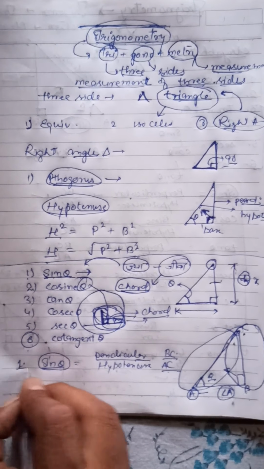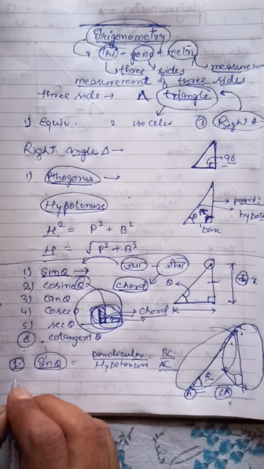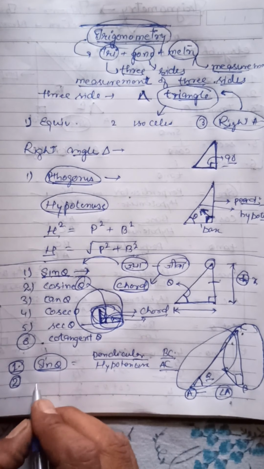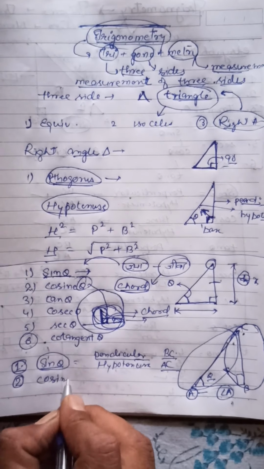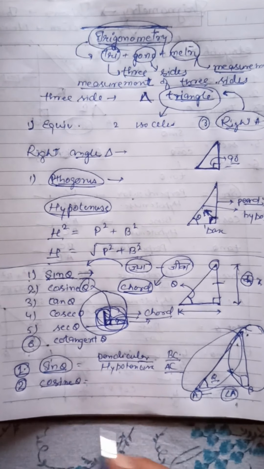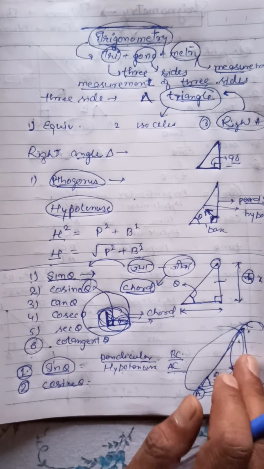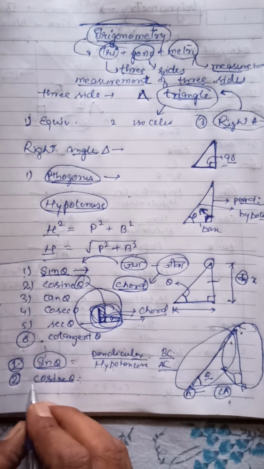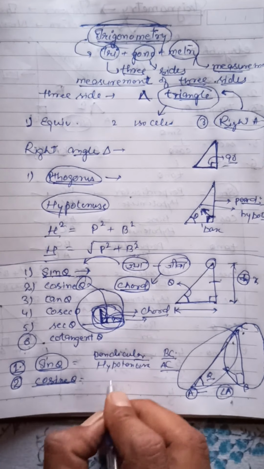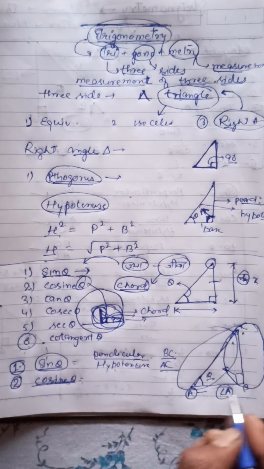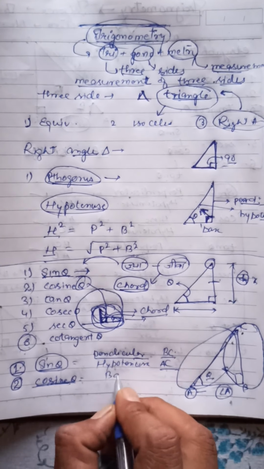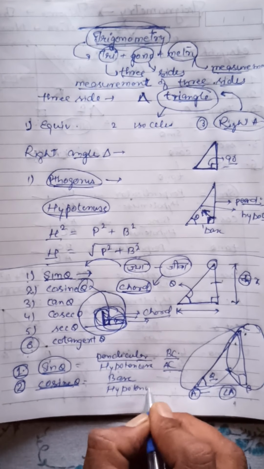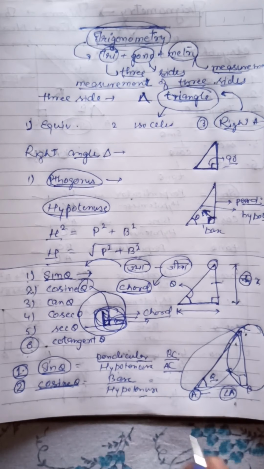This is the basic angle of trigonometry. Trigonometry has two basic angles, sine theta and cosine theta. If we have these basic angles with us, we can find the sides, and we can find the other angles as well. The second basic angle is cosine theta. Cosine theta will be equal to base upon hypotenuse. What is the base?